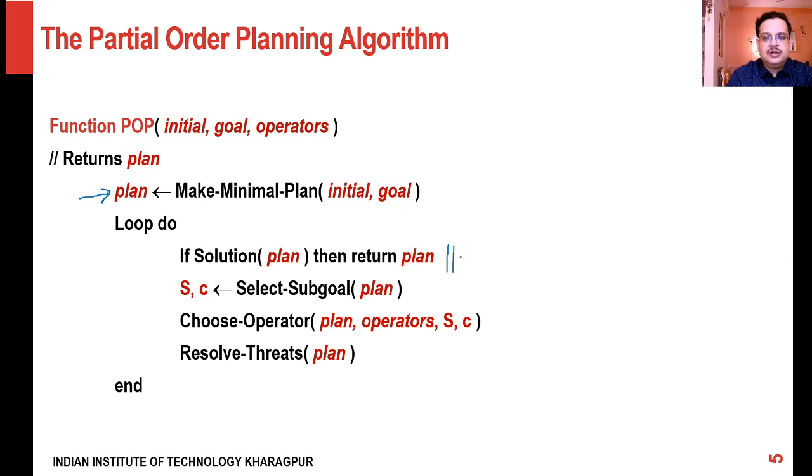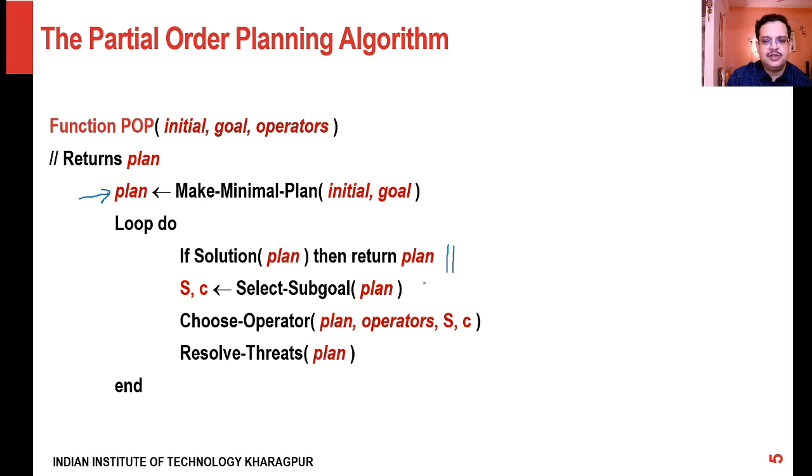Now what's a solution? A solution is one where all the sub goals are satisfied and there are no remaining sub goals in the plan for which we will need any further action. So that's when we say that the plan is a solution. So we check in each iteration whether we have already reached a solution.